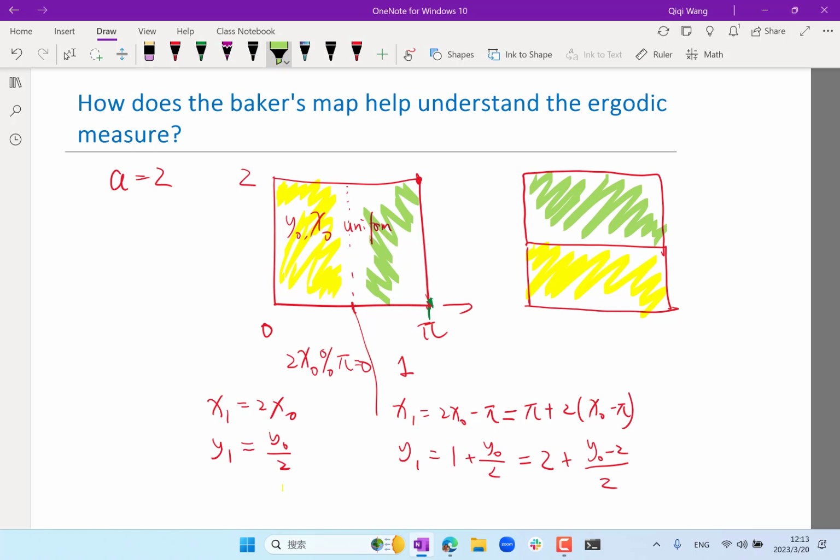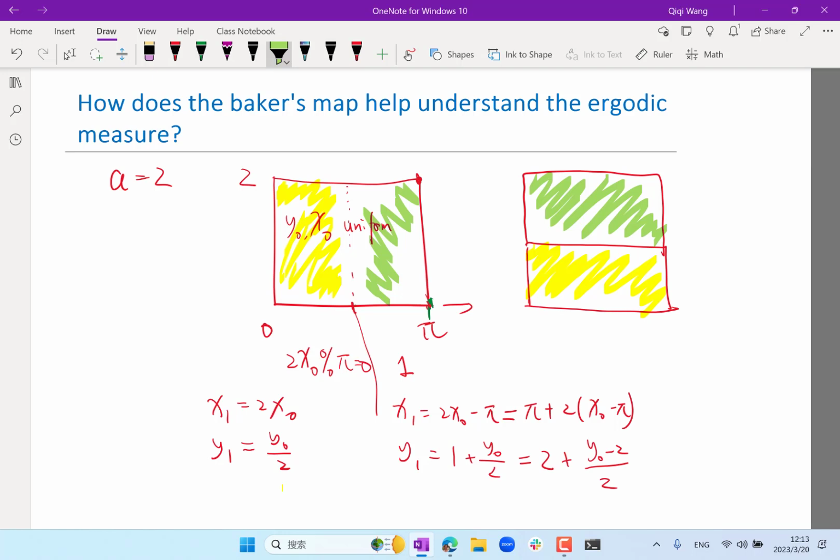Okay, and this of course keeps going, and if you map it further and further, then you are dividing this part and putting this part into here and this part into here, right? It's really called the baker's map because this is similar to how a baker kneads flour dough, right? You cut the dough this way, and you squeeze this part into this, and squeeze the other part and put it on top.